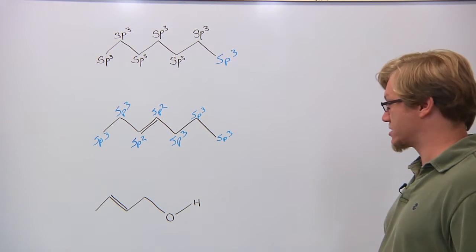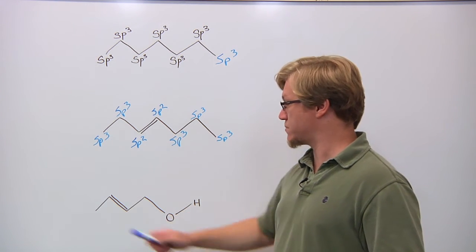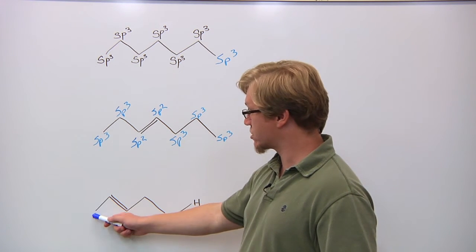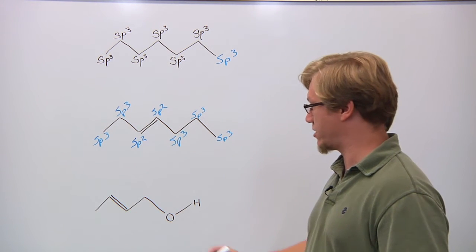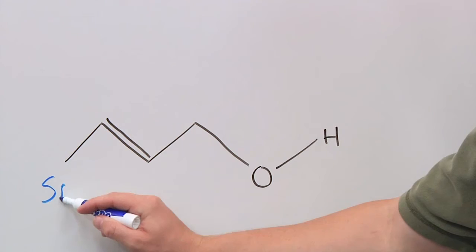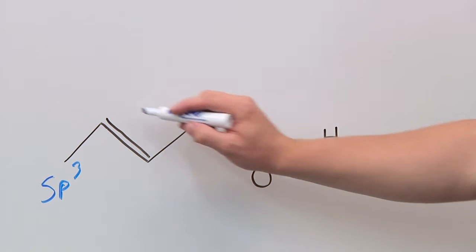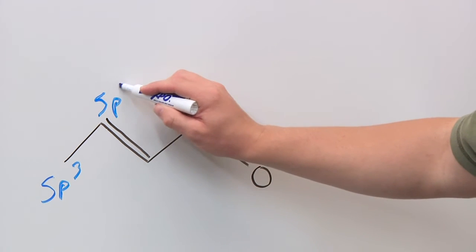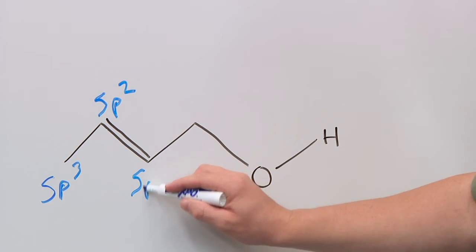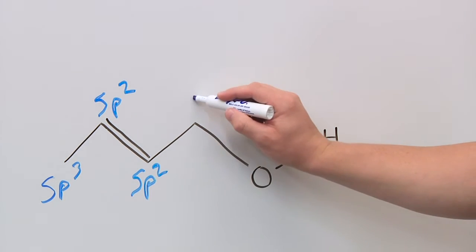Now let's look at the last molecule. For this molecule, our first carbon is also sp3 hybridized just like the first 2. And we have a double bond here, which we know means that we have sp2 carbons here and another sp3 carbon.